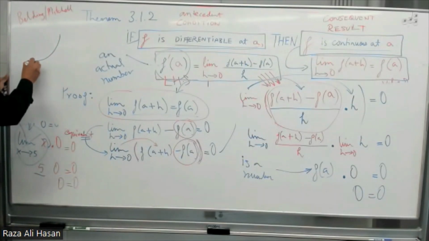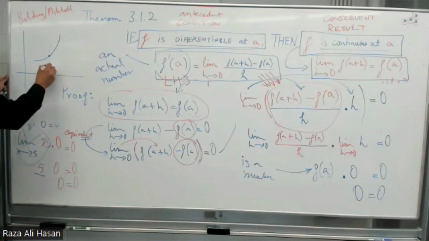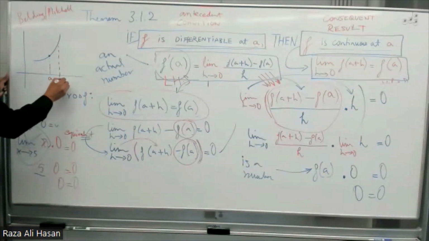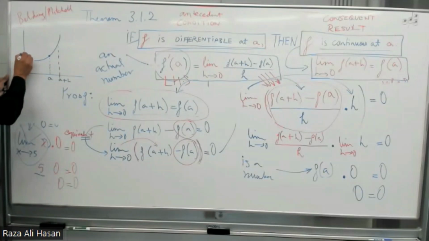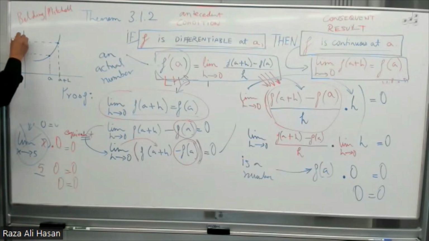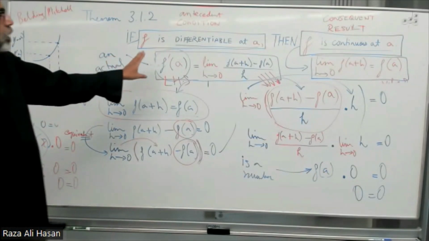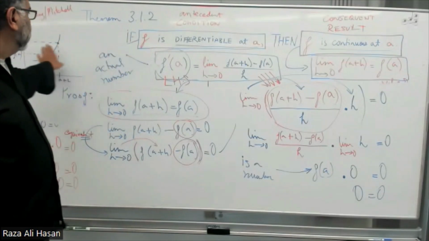All right. So let's say we use the same looking graph here. This is our point A. This is our point A plus H. So this is f of A plus H. This is f of A. And then, let's try to put this in here.